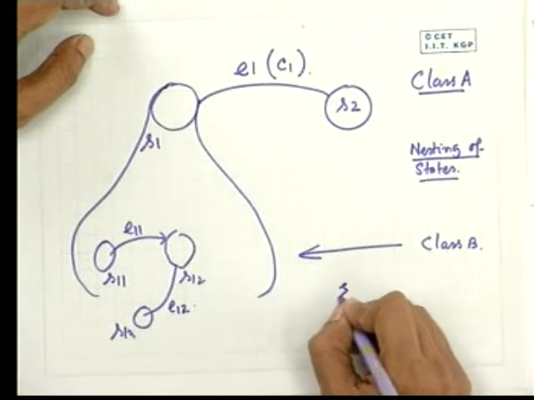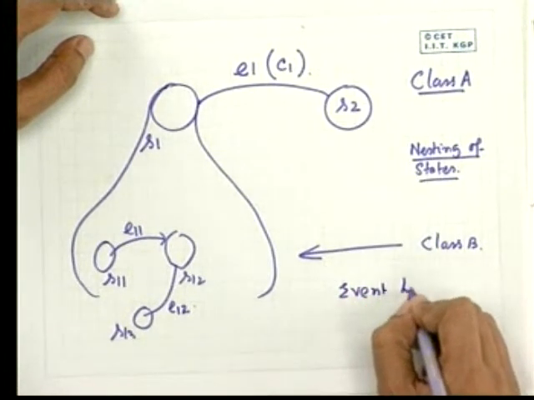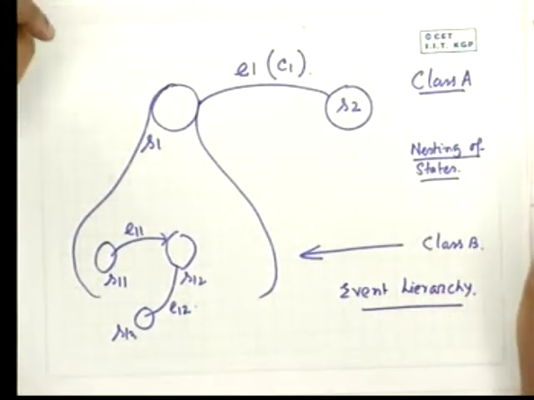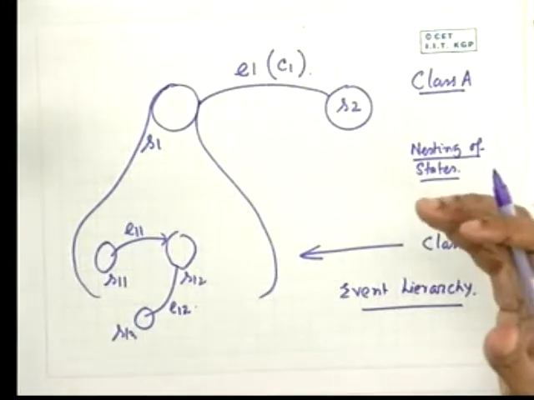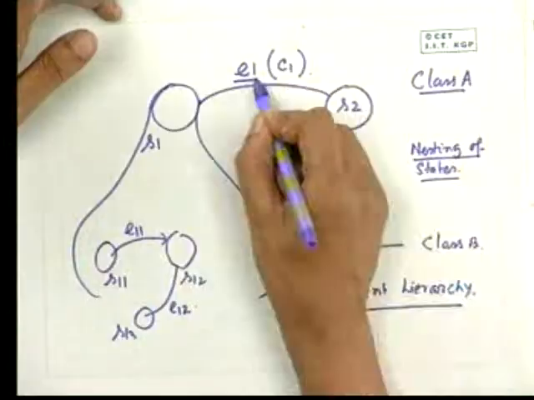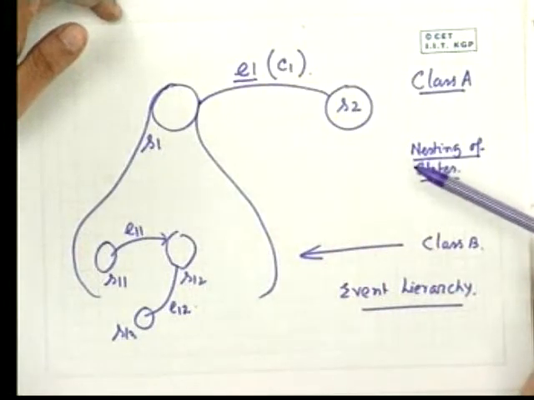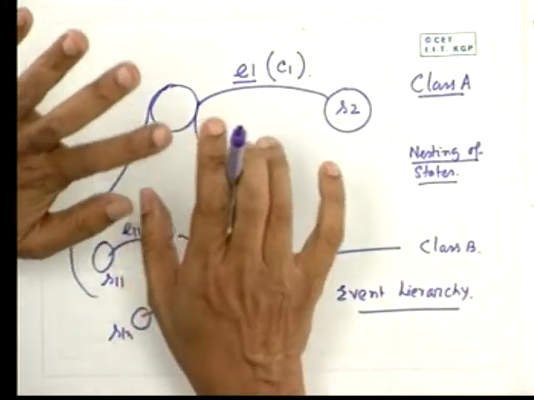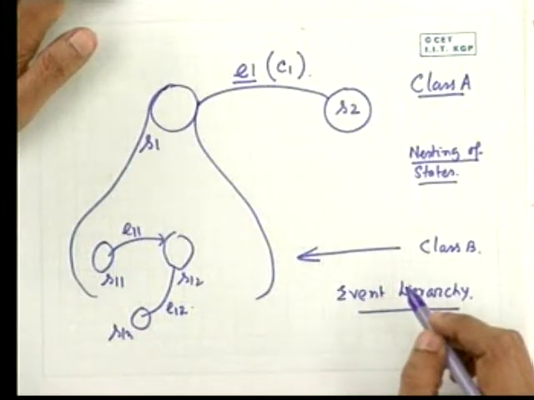Similarly, we may also define the event hierarchy, to describe that whereas the upper level classes, that is the parent class, may be interested in looking at the coarse level events, or the events which are at the higher level of the hierarchy, to define the transitions, the objects at the lower level, that is the subclass level, will look at the events at a much finer level in the hierarchical structure.